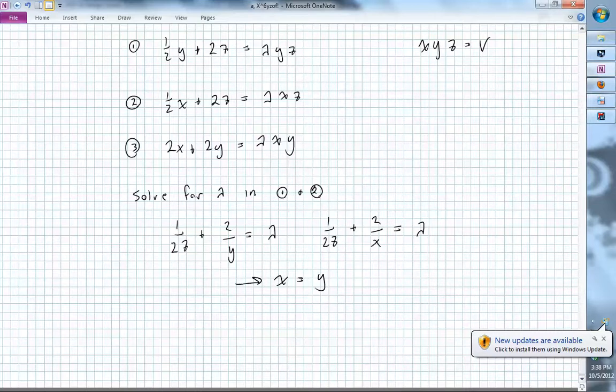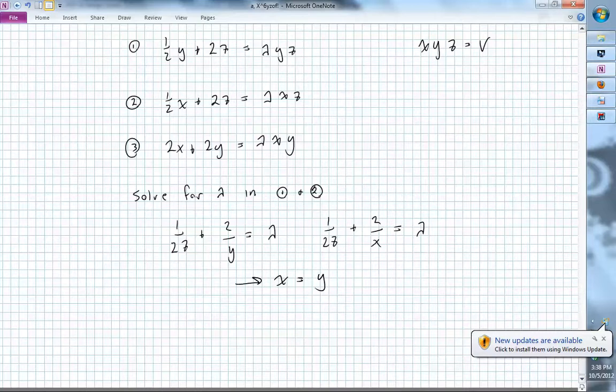So I know x equals y. Plug it into lambda, or plug it into 3 to get lambda.